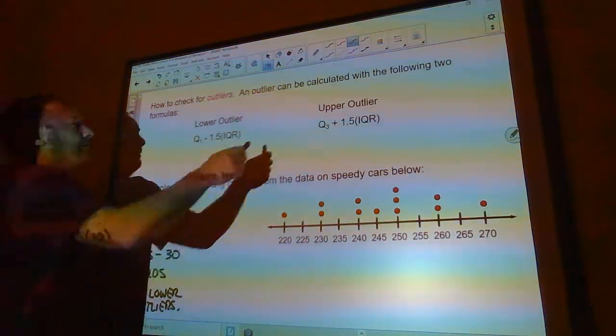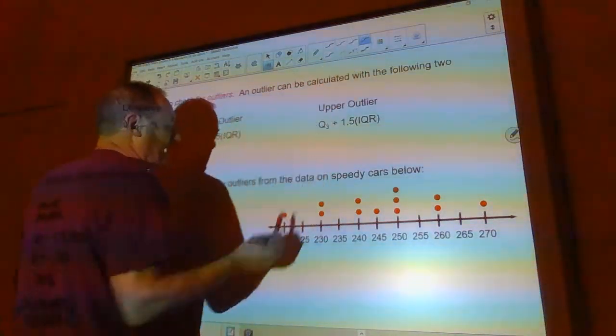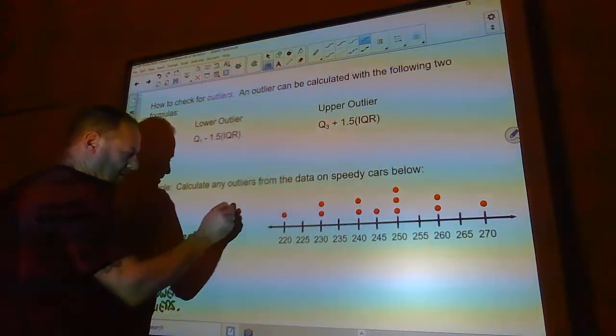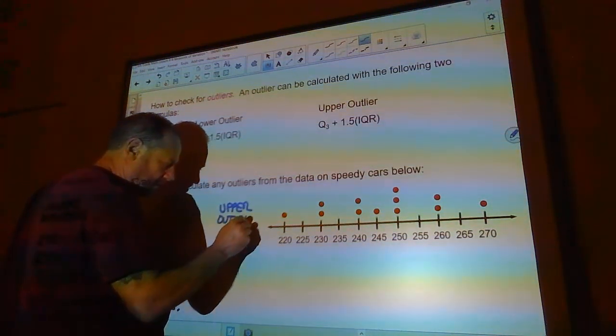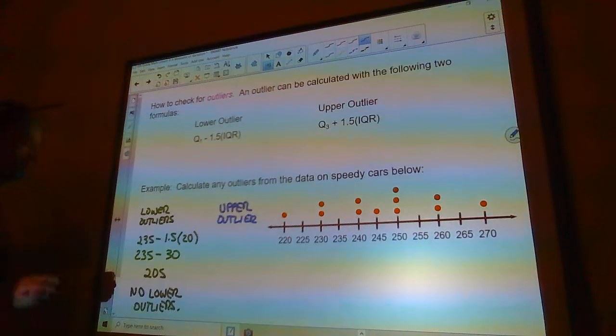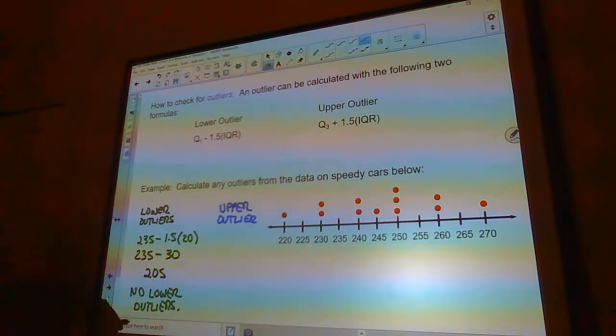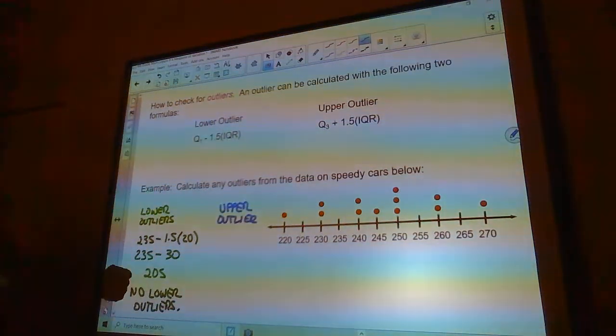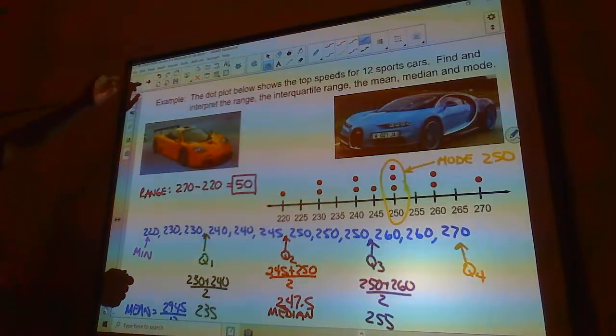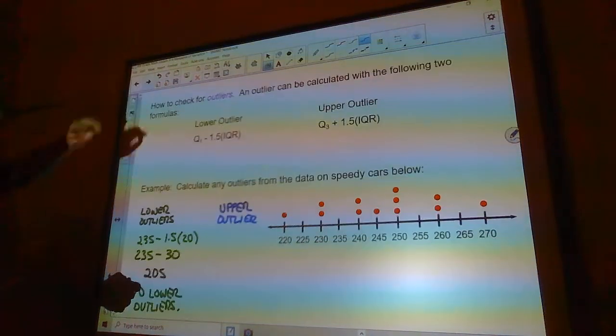Okay, so next we want to see, is there an upper outlier? Okay, so how do you calculate the upper outlier? You take Q3 and you add 1.5 times the IQR. So Q3 was 255.